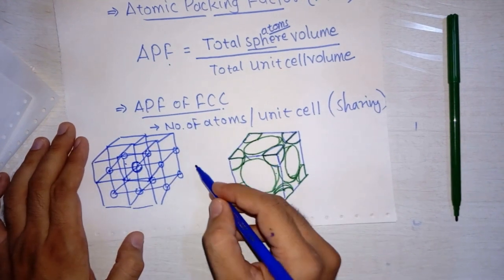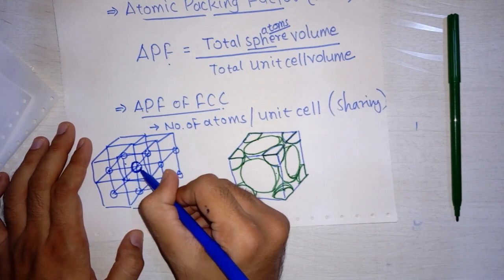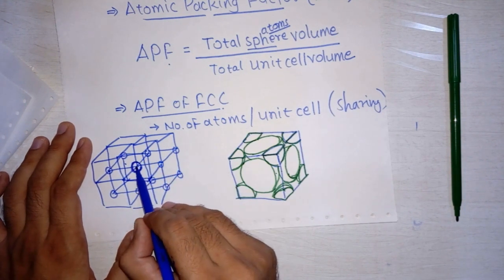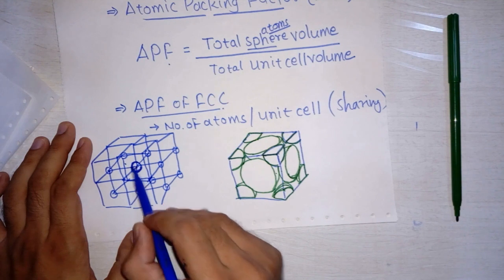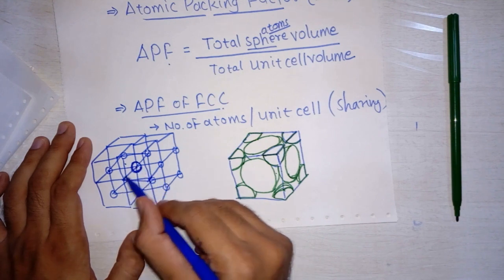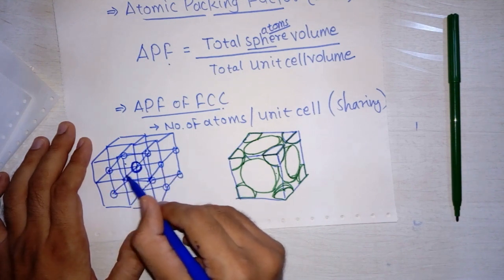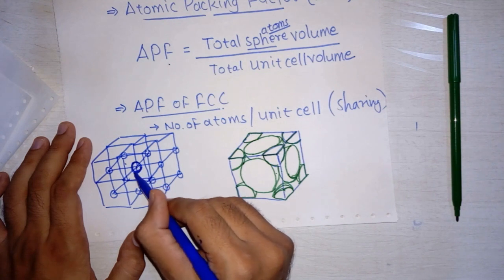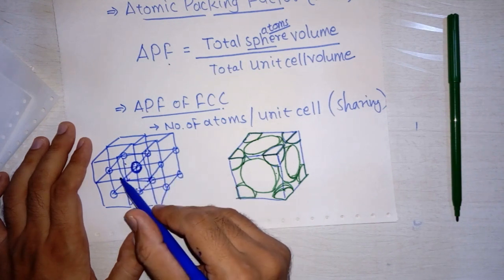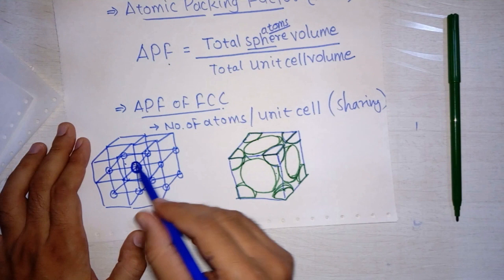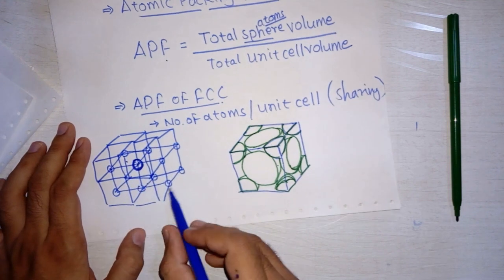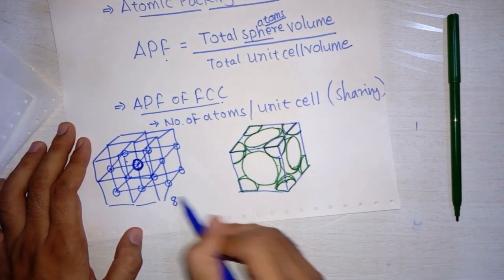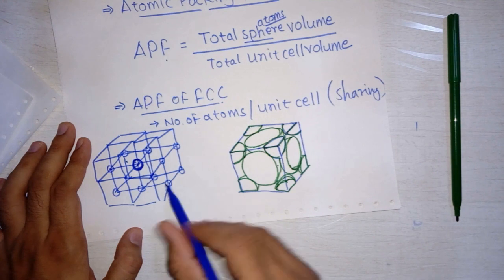So this can be the arrangement. Now this particular atom is shared by how many unit cells? We have 4 unit cells at the bottom and 4 unit cells at the top, and this particular atom is shared by all these unit cells, that means 8 unit cells.